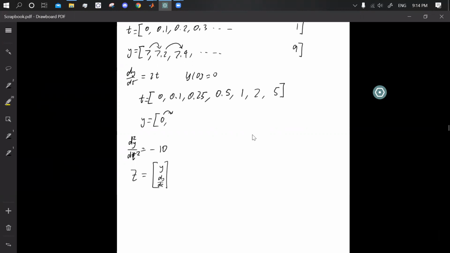The way I think about this now is that I think about how this pair changes. Imagine it has 2 separate things. So if I take dz dt, it's just the derivative of each of these, which is going to be dy dt. And then the bottom here, that's negative 10 because that's the second derivative.